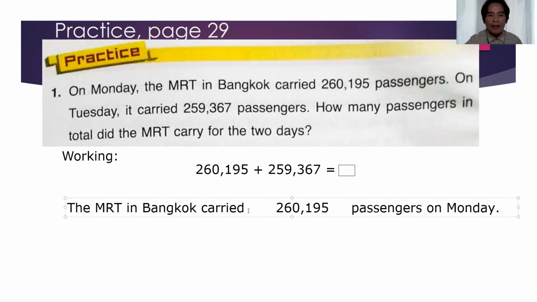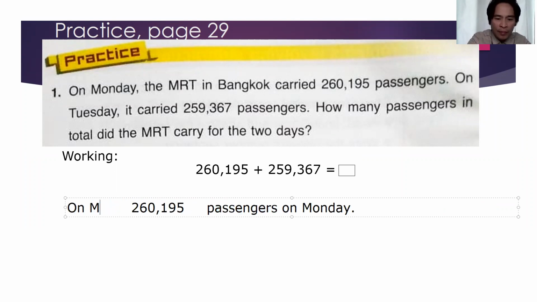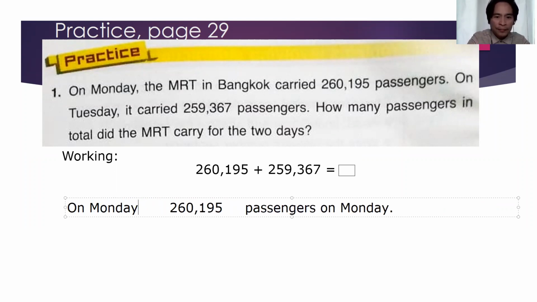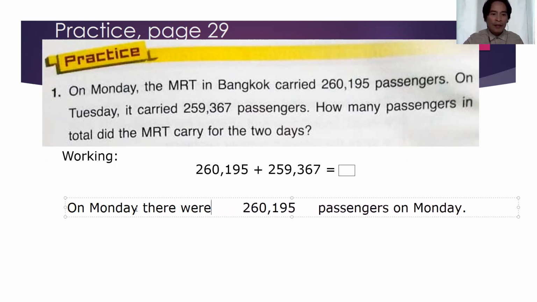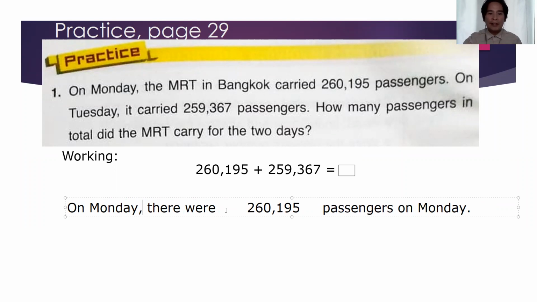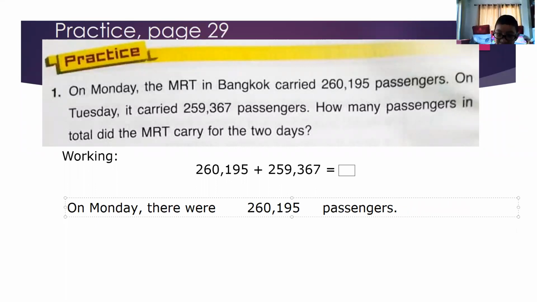Or look at me, teacher is going to change. On Monday, there were. To make the English sentence shorter, so look, like this, and then delete. So the idea is still there, right? You can shorten the sentence. You understood? Okay.